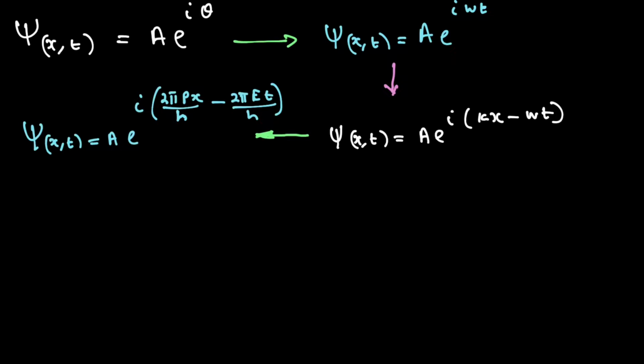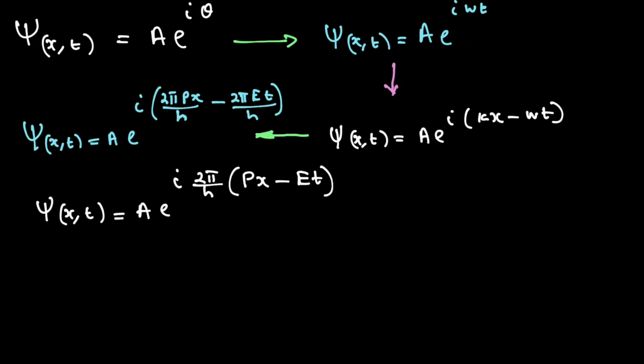So we have psi x t equals a constant e to the i 2 pi over h into bracket px minus et. So what we got here is px minus et.